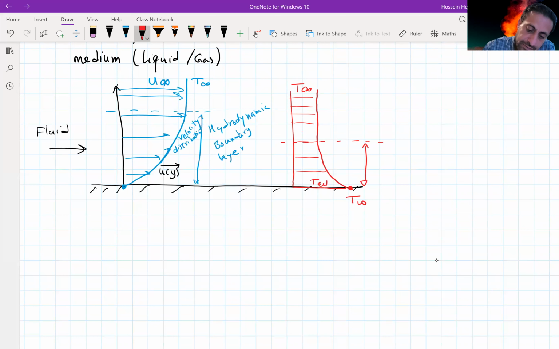And similarly, what we have here is a thermal boundary layer, and we have this temperature distribution that starts from TW all the way to T infinity.